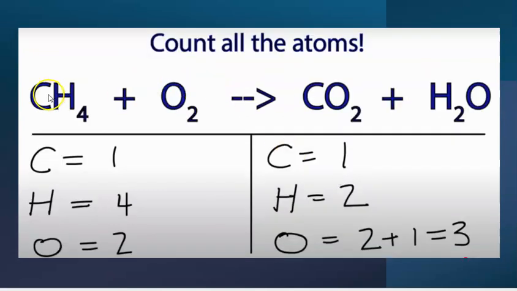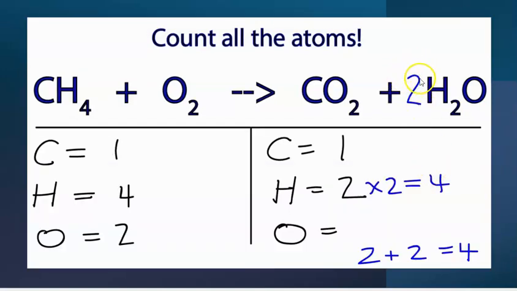In this case, it's a combustion reaction that always produces carbon dioxide and water. You have 1 carbon, but you have 4 hydrogen and 2 hydrogen, and here you have 2 oxygen and 3 oxygen, because remember you have 2 here and 1 here, that makes 3.